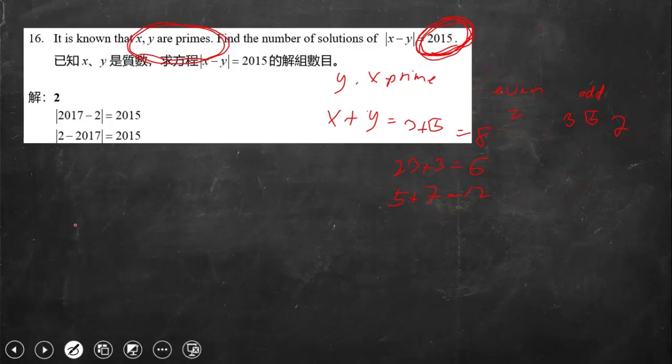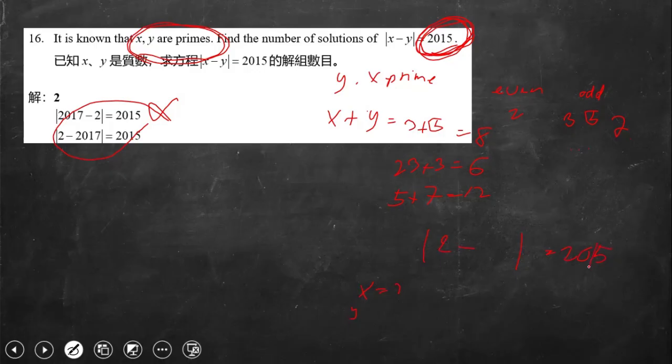Okay? So say that we did not know this, because we really don't. So say that one of them is 2. Let's say x is 2. So 2 minus something is 2015.